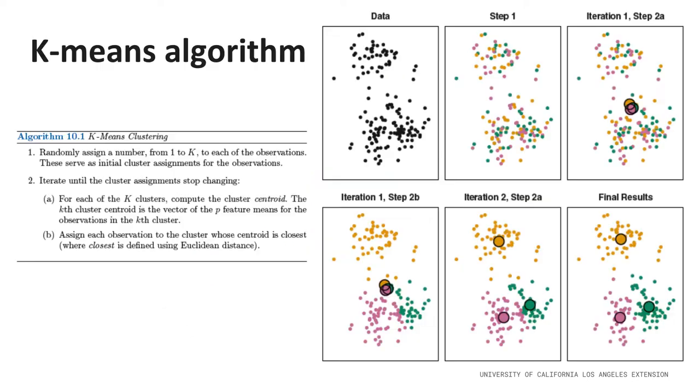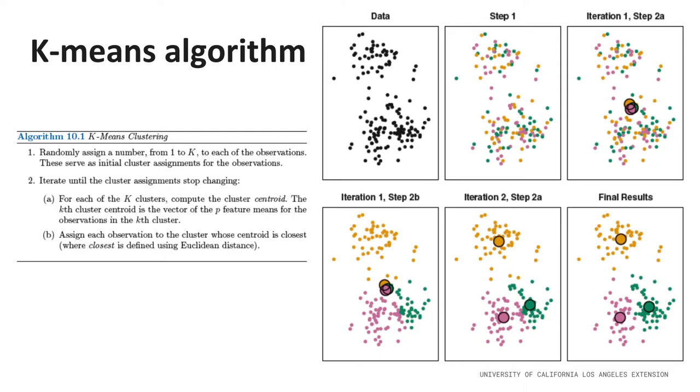So let's break it down a little bit more. You see initially you have this data, this visualization that we saw earlier. The first thing you do is randomly assign, so you end up with this potpourri, kind of salad of colors. And then you create 3 centroids because we want 3 clusters, right? And we predefine the number of clusters we want. Those centroids are put in the middle of all their members.